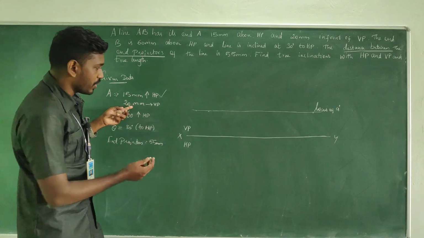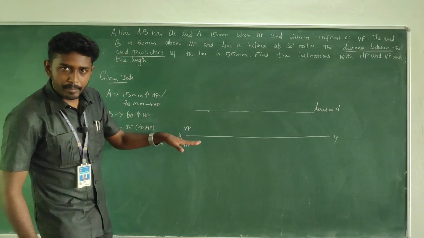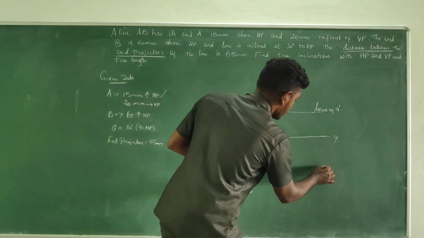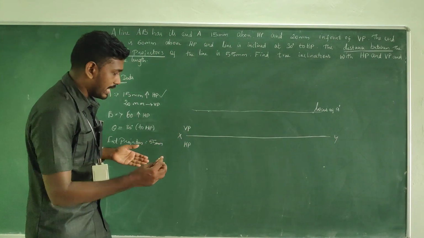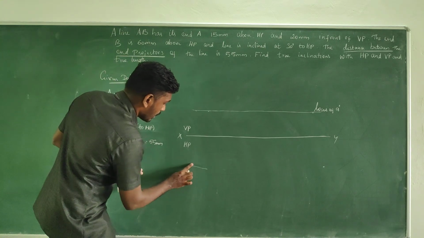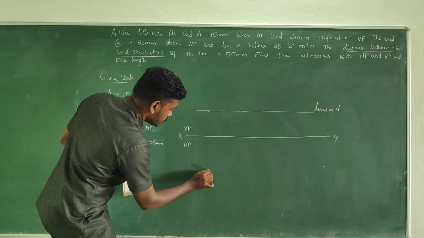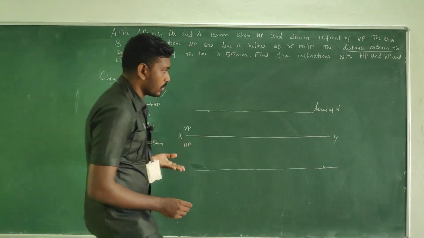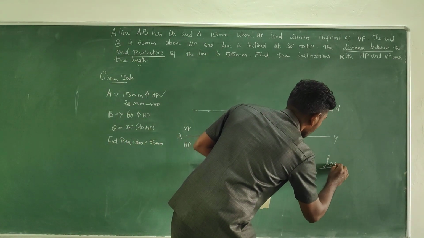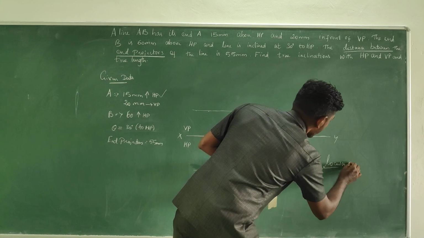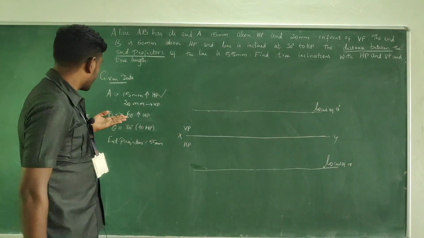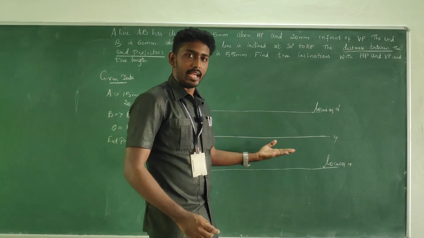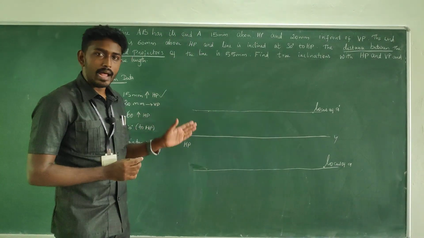Then 20 mm in front of VP falls below the reference line. So measure 20 mm on both sides using the scale and draw a horizontal line passing through the picked points. This is the locus of A. So we have A dash and A, one end in the front view and top view.